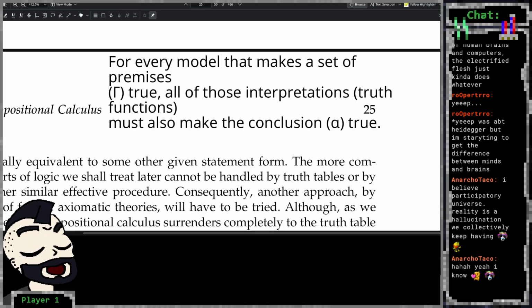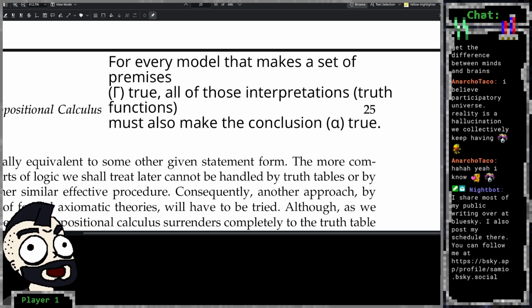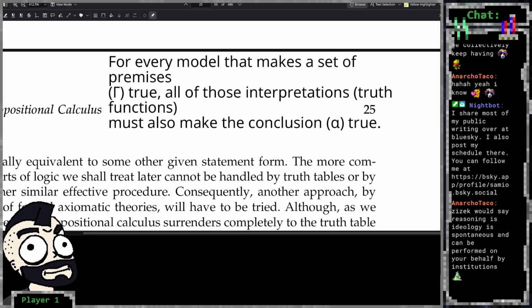What makes something true? Oh, that I designated that value. So if it's just a purely arbitrary exercise in designation, why not call it something else? We can call it the poop value and the pee value. And we can say that for every model that makes premises poop, the interpretation must also be poop.